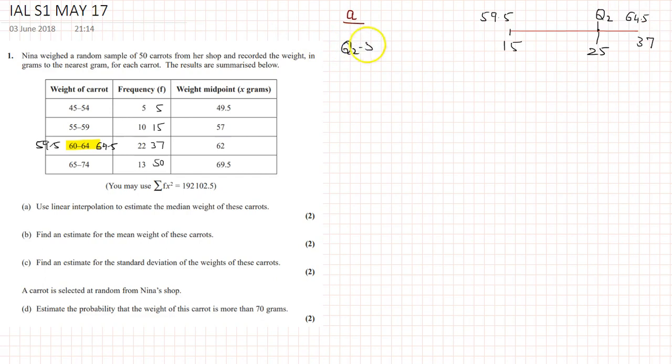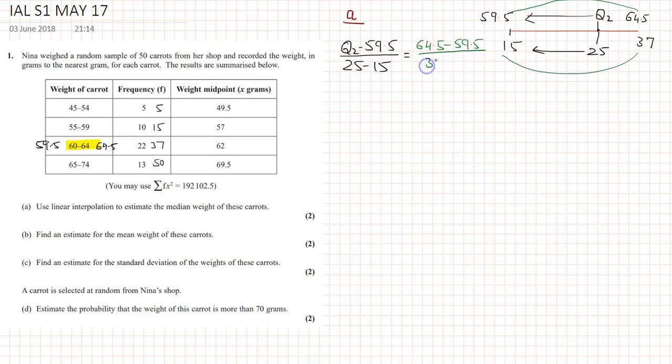Q2 minus 59.5 over 25 minus 15 is equal to 64.5 minus 59.5 divided by 37 minus 15.